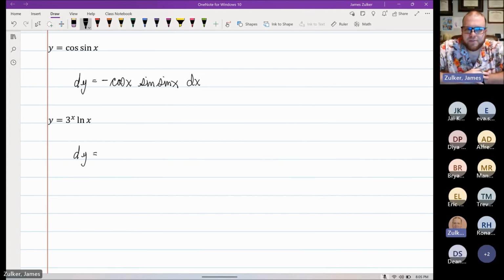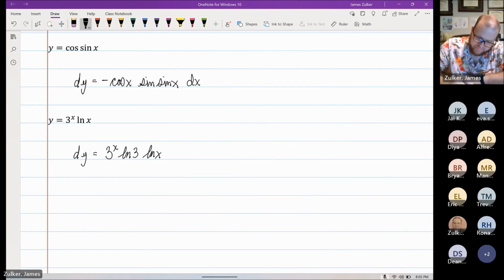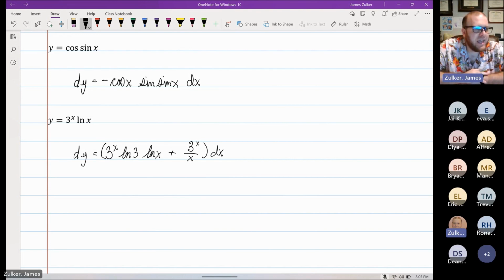All right, derivative. This is a product. Right, then multiply by dx, and if we wanted to, we could also write it this way.